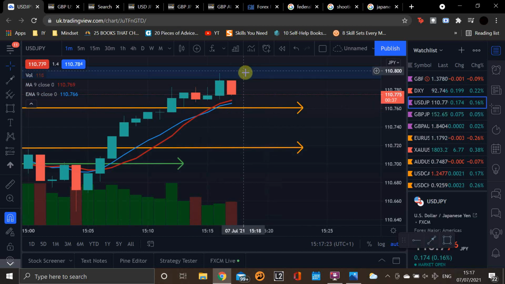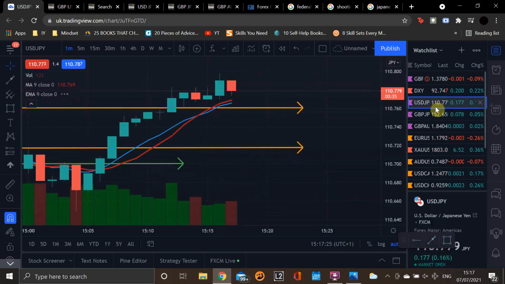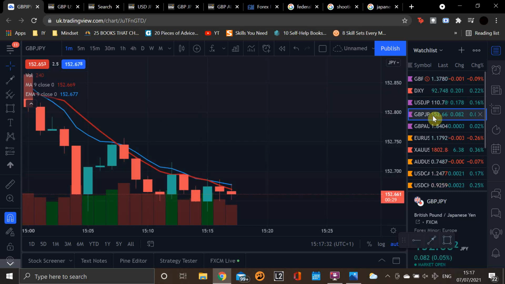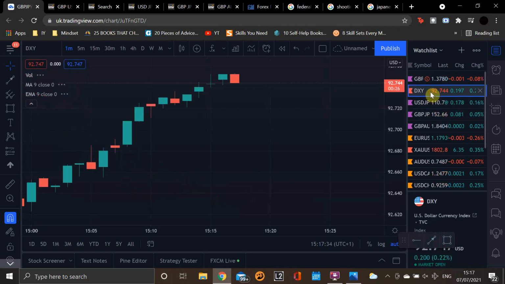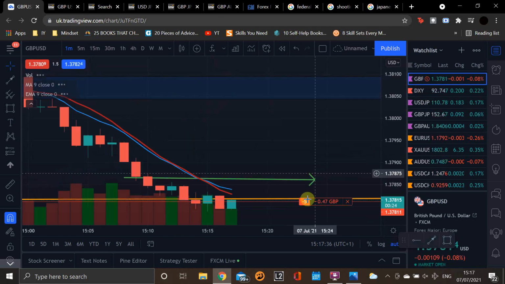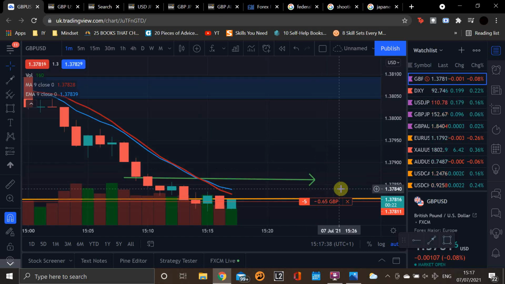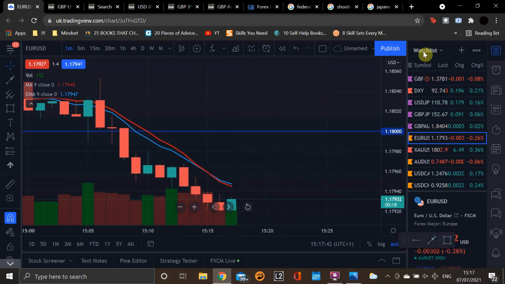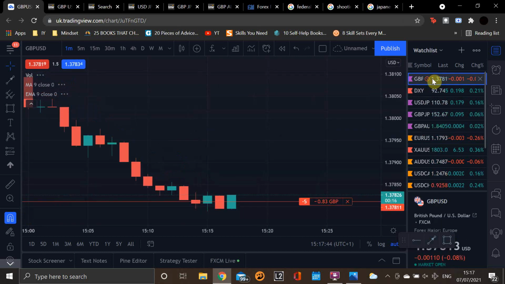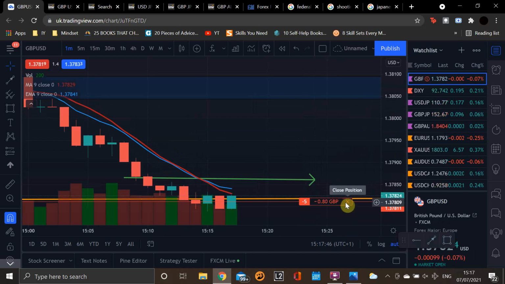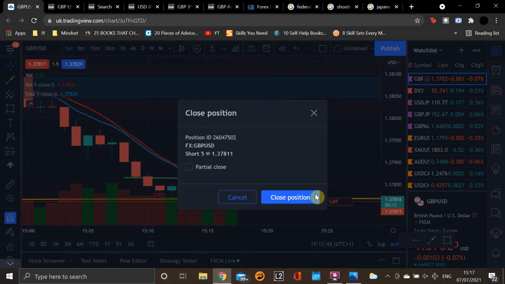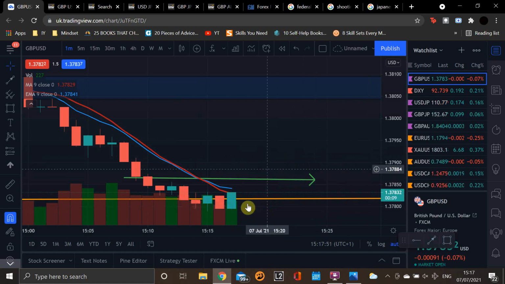USD, Japanese yen strong. Stronger on USD than it is on JPY at the moment. So that means USD is slowing down, right? Yeah, take my loss. But I just don't get why on Euro USD. Yeah, it's picking up a little bit on Euro USD. Maybe time to take the loss. Take a small loss.